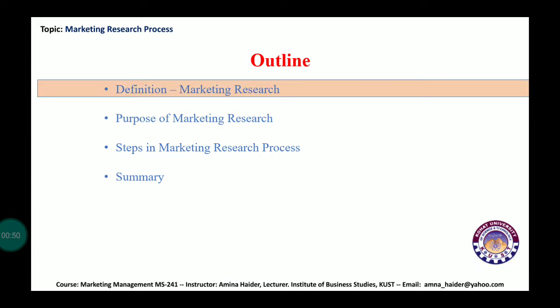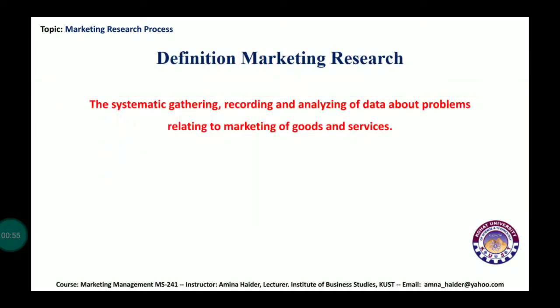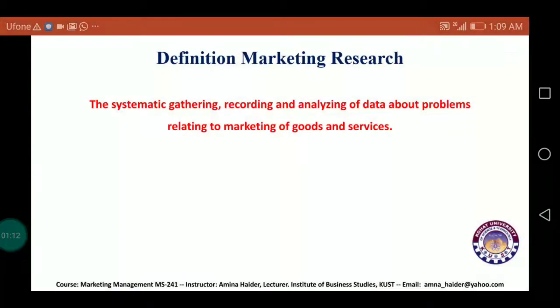Now moving towards our first topic, that is the definition of marketing research. What is marketing research? It's a systematic gathering, recording, and analyzing of data about problems relating to marketing of goods and services. Research is a systematic investigation undertaken to increase one's stock of knowledge.